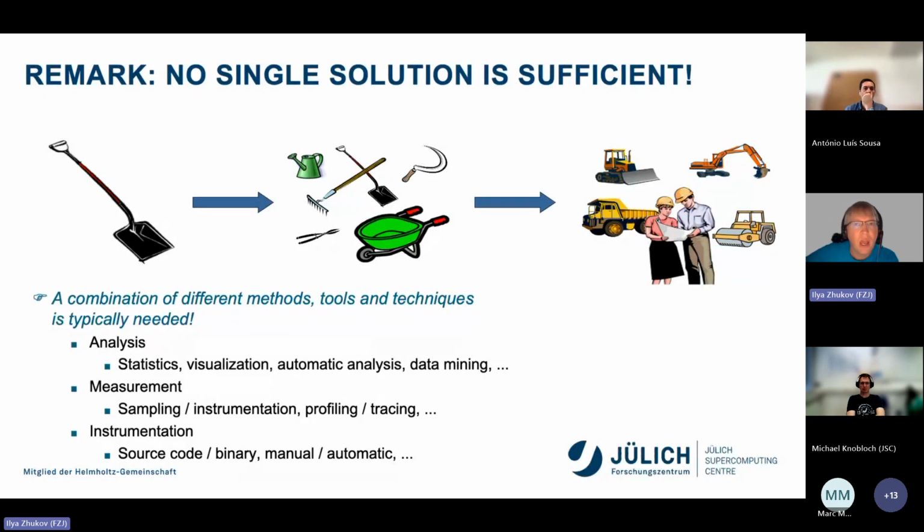Do you want something lightweight, but sufficient in the long run? Then maybe you would need sampling. Or maybe you need very, very detailed information about your tiny kernel. Then instrumentation is the way to go, where you can instrument almost everything and see a lot of information inside.